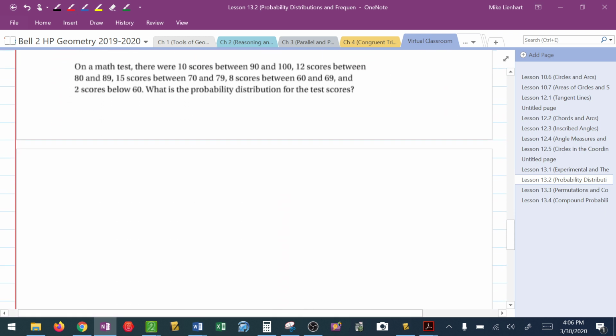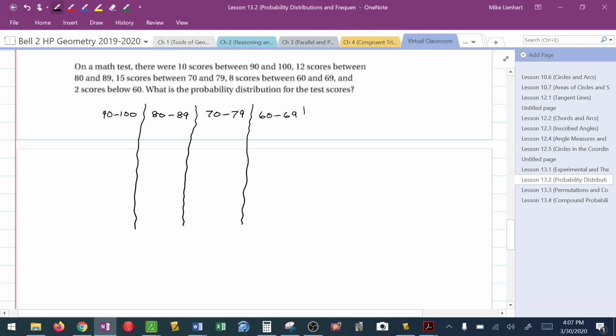So let's try that one more time. This time we'll do a math test. The information they give me is scores that were 90 to 100, scores that were 80 to 89, scores that were 70 to 79, scores that were 60 to 69, and finally scores that were less than 60.